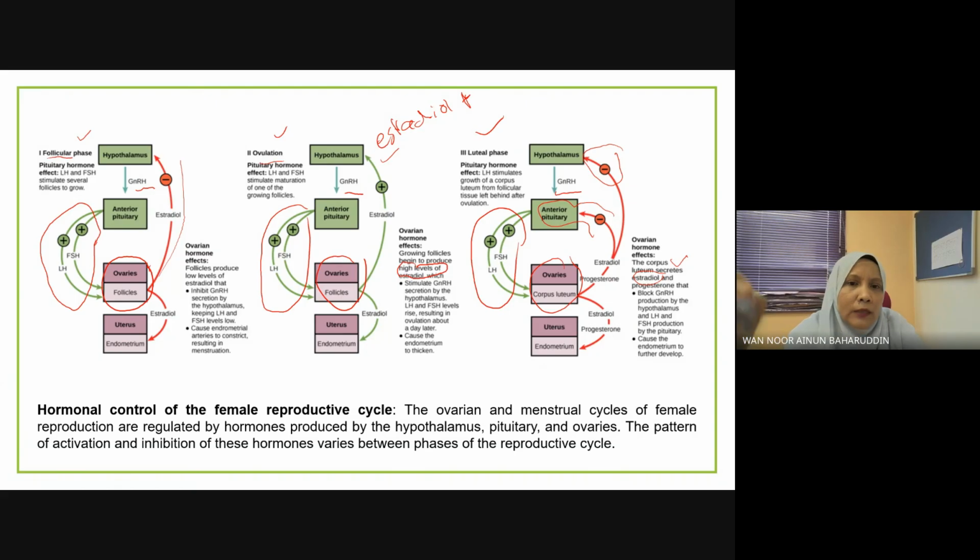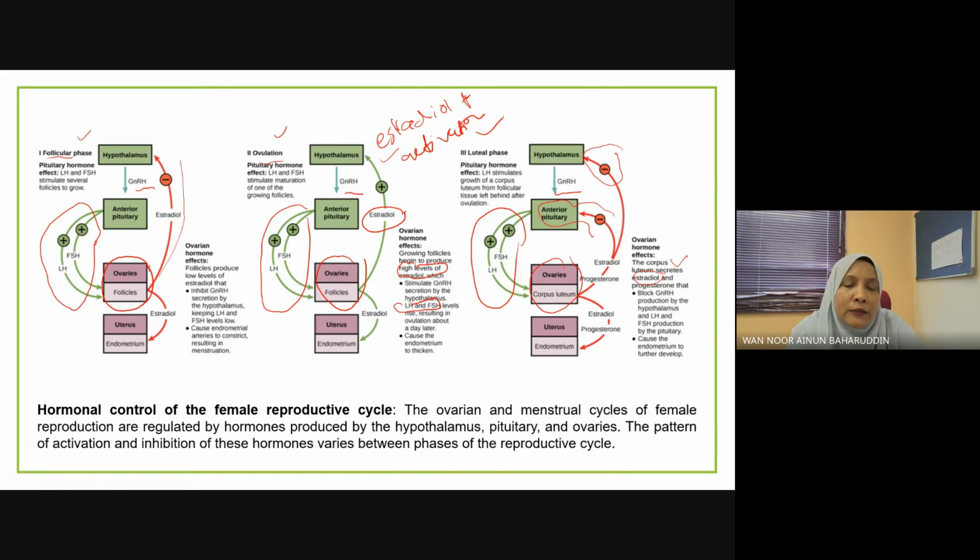Okay, so during ovulation, estradiol itself is giving activation for the hypothalamus and the anterior pituitary to produce more. So these are impacting LH and FSH to keep being produced.